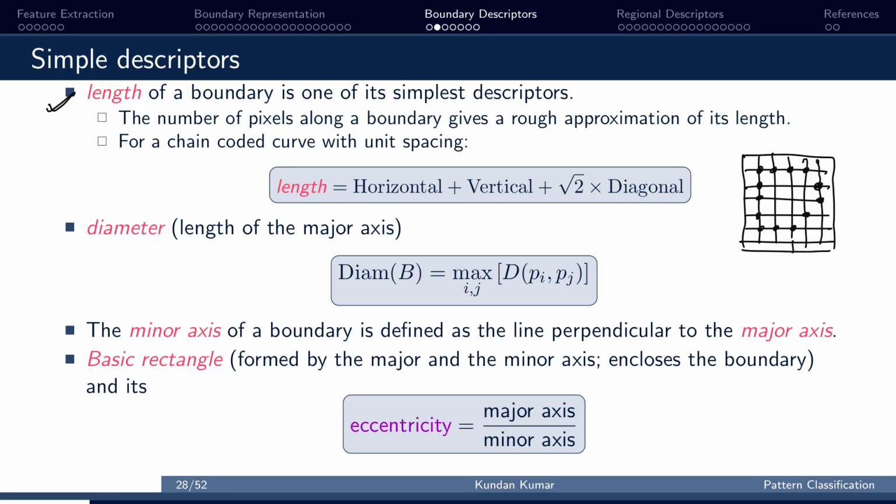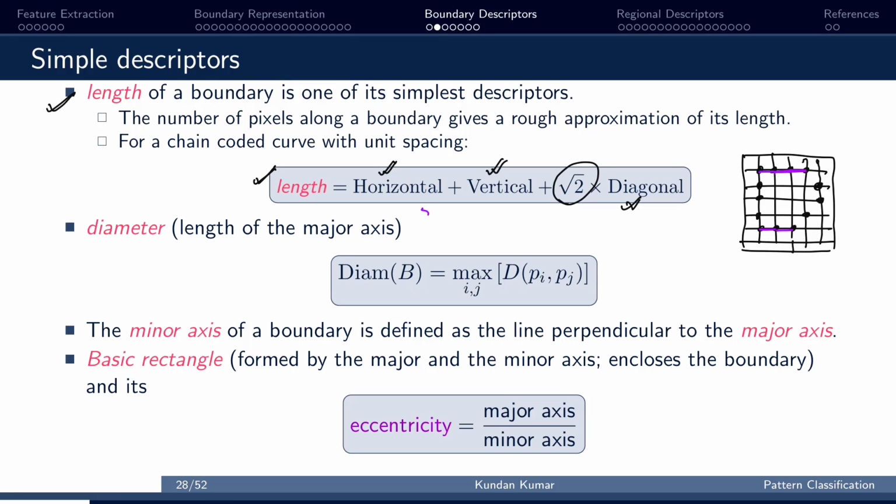Suppose this is length, which is the simplest descriptor of this boundary. It will compute the length of the perimeter. So how can we compute it? Here we count the number of horizontal grid, the number of vertical grid, and root 2 times the number of diagonal grid. So here 1 horizontal, 2, 3, 4, and 5 horizontal grid.